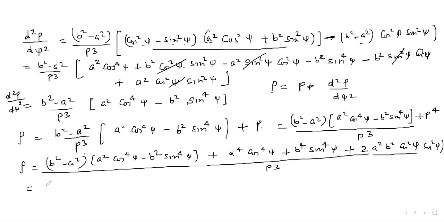So we will get a²b² cos⁴ψ minus b⁴ sin⁴ψ minus a⁴ cos⁴ψ plus a²b² sin⁴ψ, this is a²b², then sin²ψ.